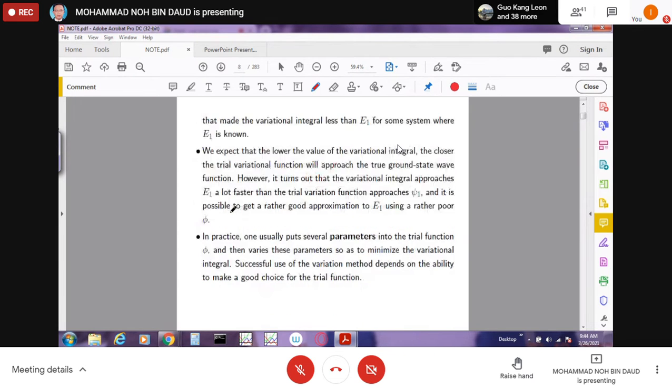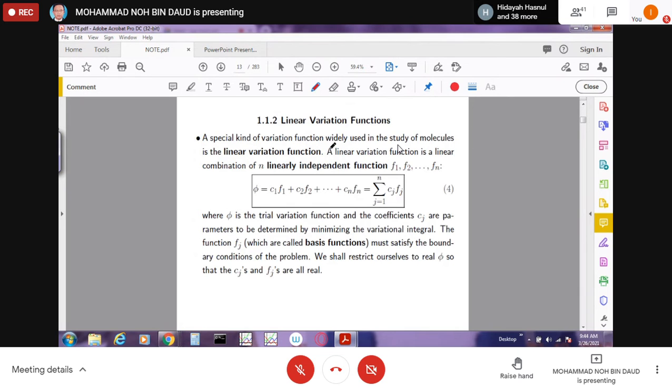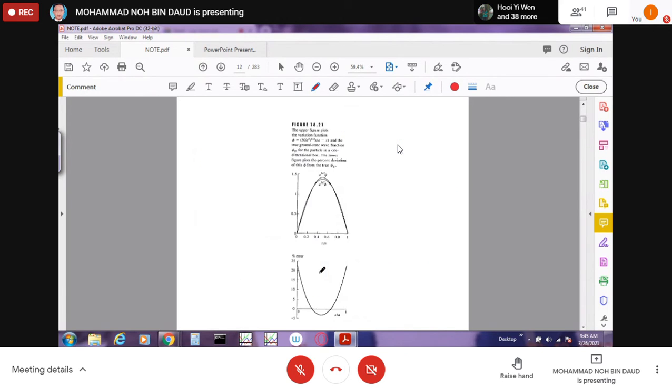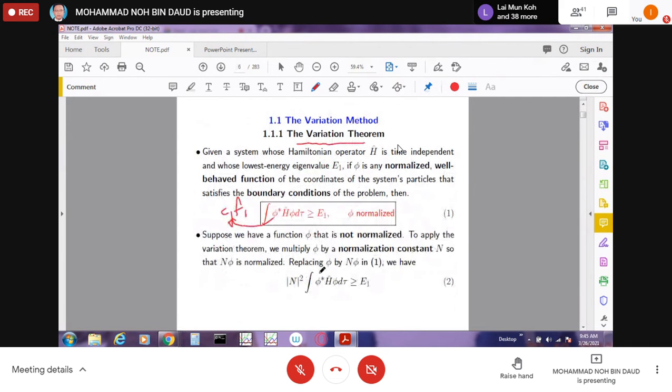We generalize this. So this generalization of the trial function in terms of n linear combinations of basis functions, we can show this formula.